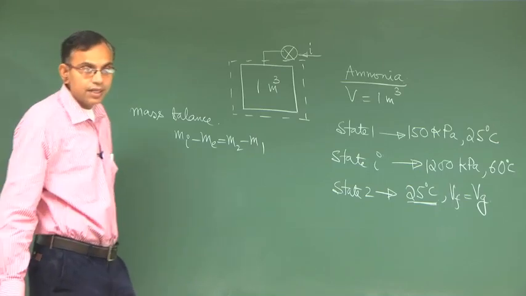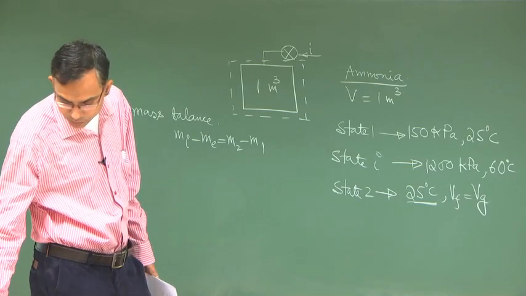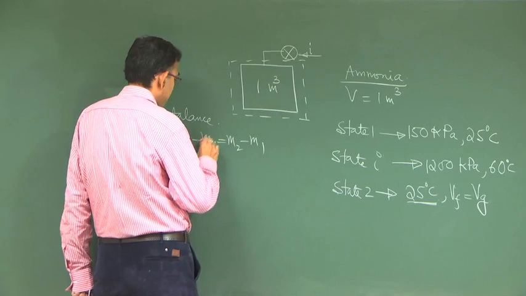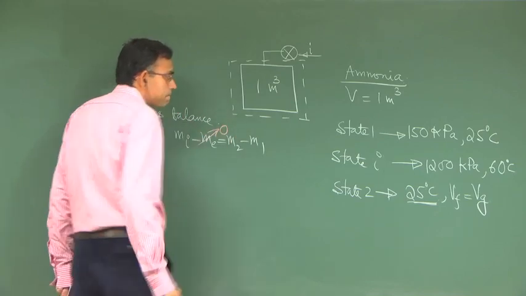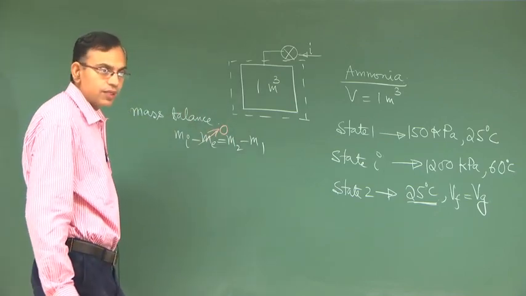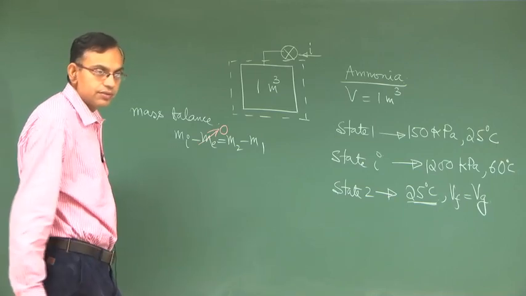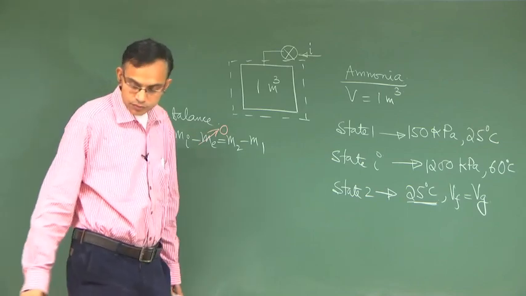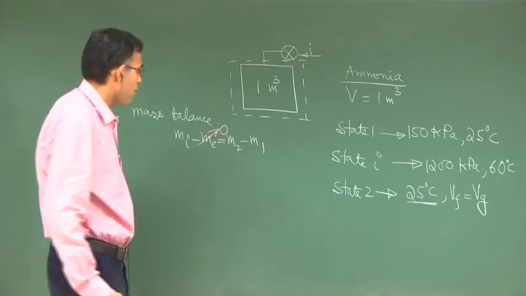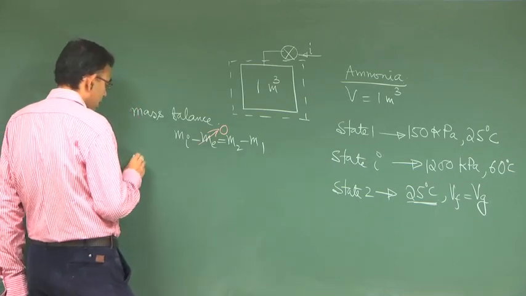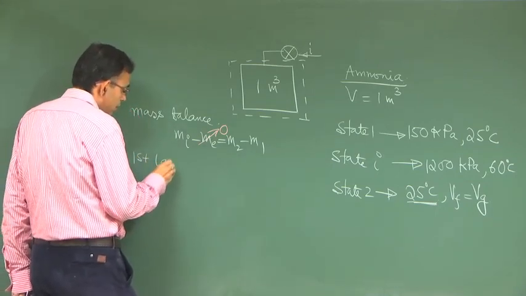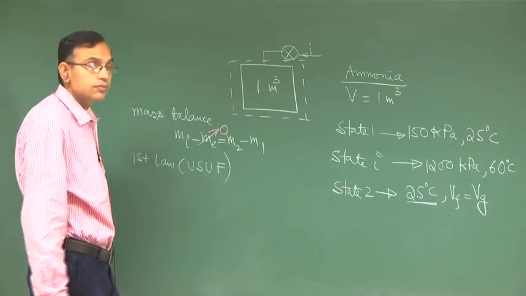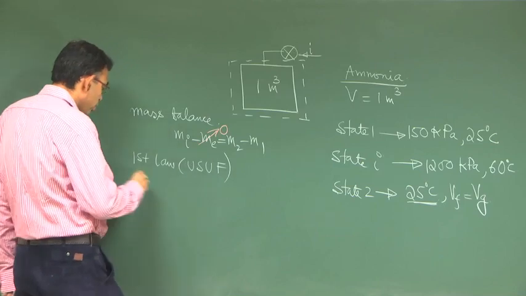There is no exit, it is a tank filling problem. But there is M2 and M1, the tank was not initially evacuated. So, M2 minus M1 is equal to Mi. Then the first law for U, Q.